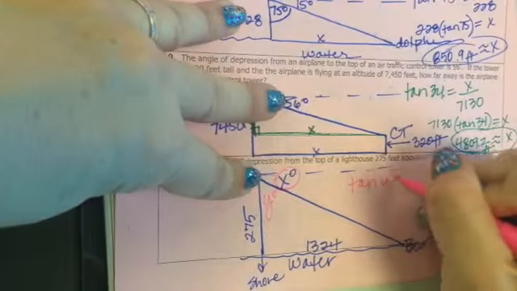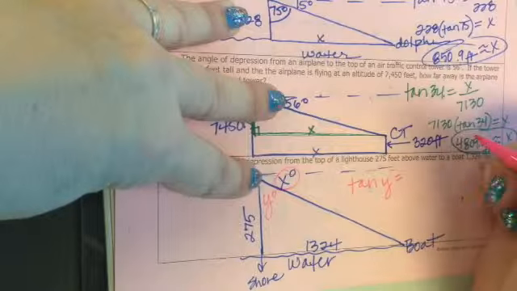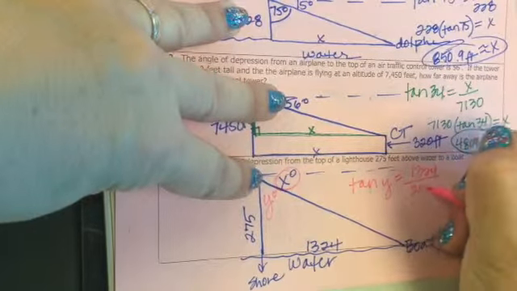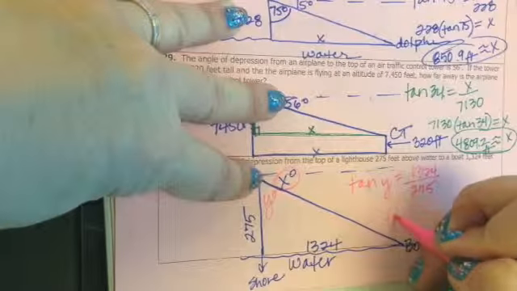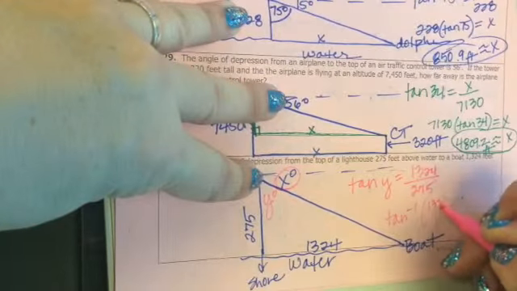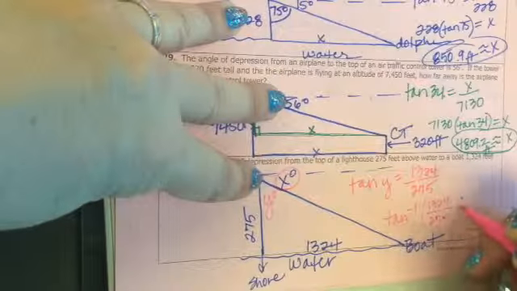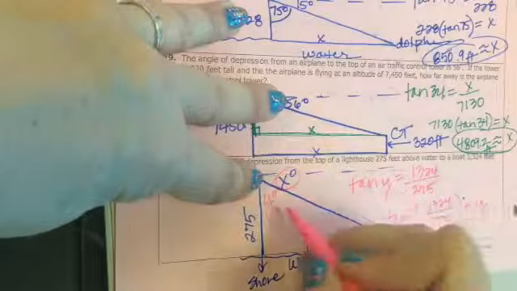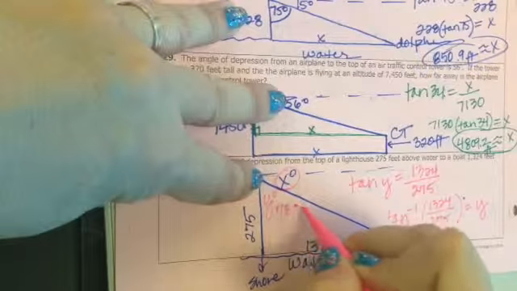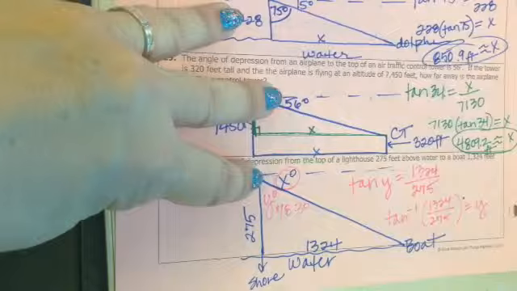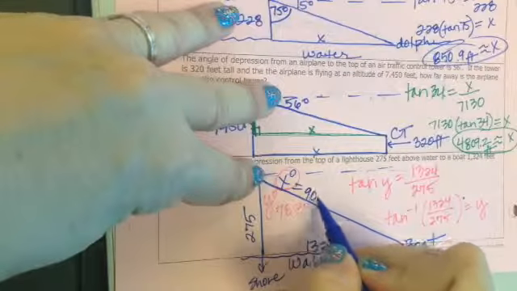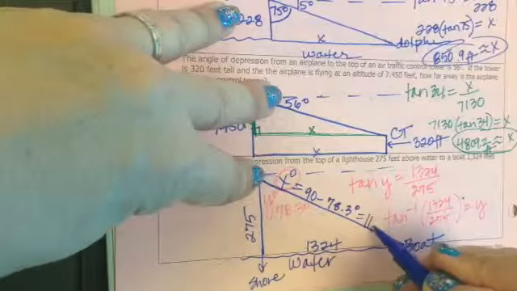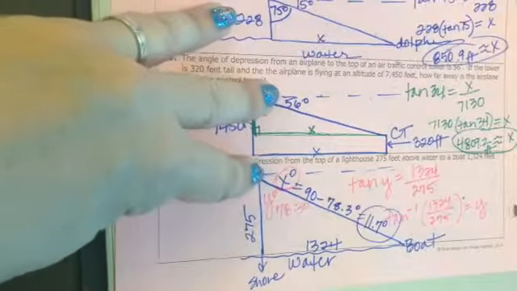Tangent of y is going to be opposite over adjacent, 1324 over 275. So the tan inverse of 1324 over 275 is going to give me my y. So when I find y, I have 78.3 degrees. That's here. 90 minus 78.3. What is that, 11.7? Okay, that's going to be your angle of depression for this problem.